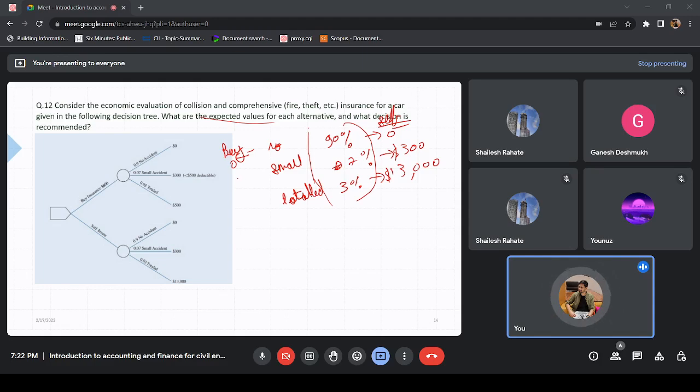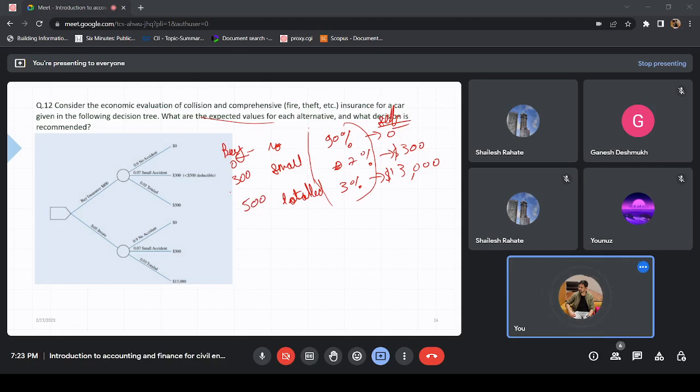In case of small accidents, the insurance company thinks that, okay, till $500 you bear it, so again I will have to bear $300. But if your vehicle is totaled, I mean it's a big accident, in that case the insurance company is saying that whatever is the expense we will pay it to you, but the deductible is 500.